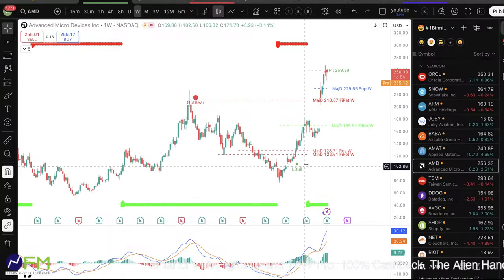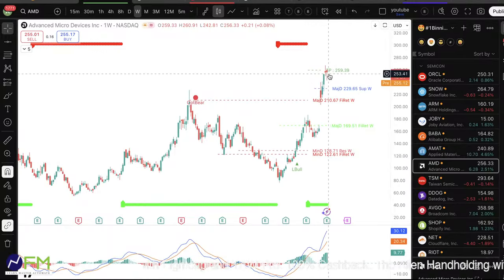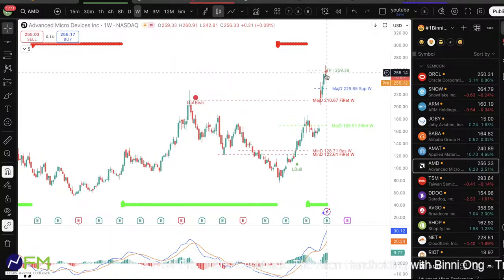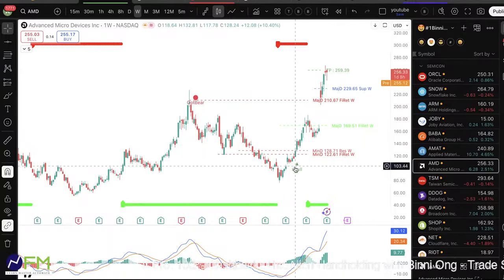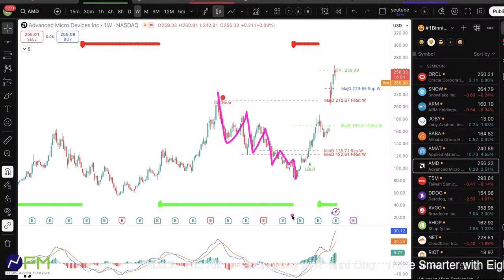On this buy signal, our TP was predicted here, 259.39, hit very nicely, and hovering around here. Now, why was this a bullish signal? As I said, we monitor from this consolidation here. It tells us that the consolidation had ended, and this will be the bullish signal for us to look for a buy.